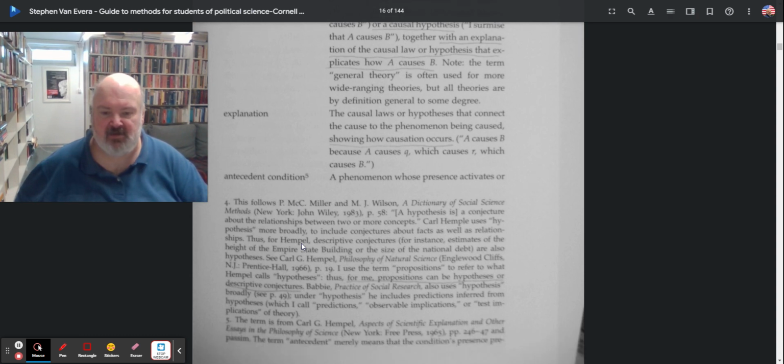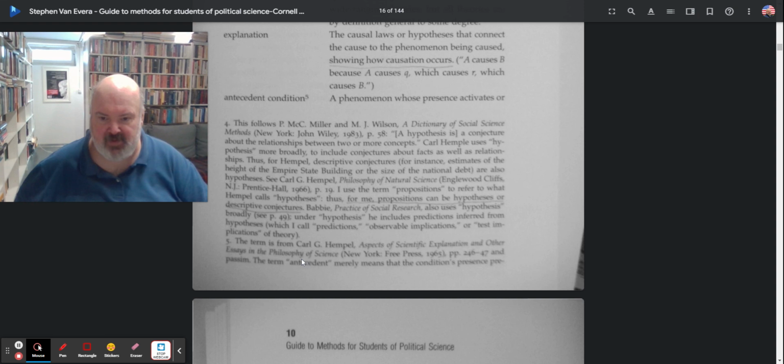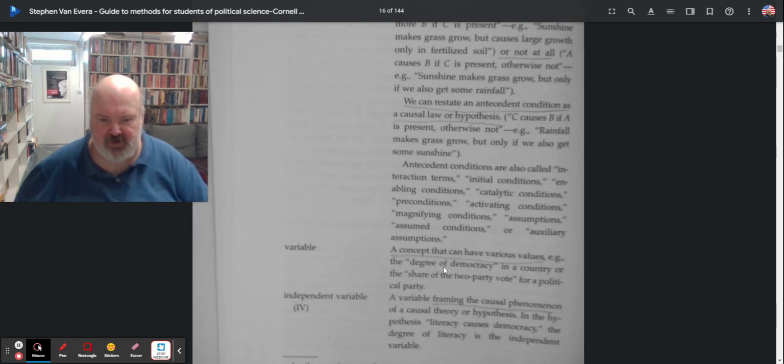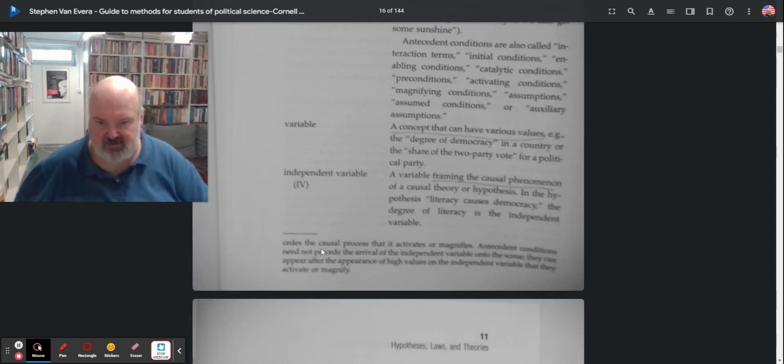Antecedent condition. Now, he goes, this is a term from Hempel and others. The term antecedent means, anti means before, and the cedent, the thing, merely means that the condition present precedes the causal process, and that it activates or magnifies.